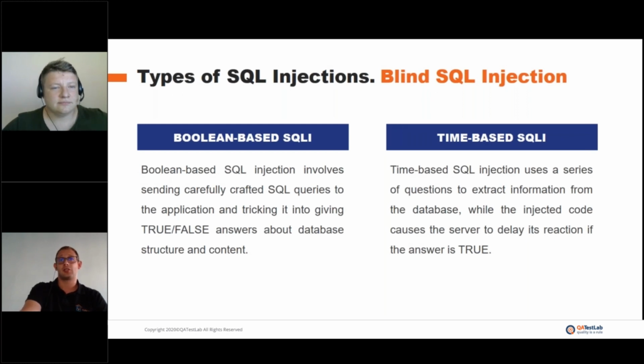In blind SQL injections, no data is transferred via the web application, and the attacker is not able to see the result of an attack. There are two common types of blind SQL injections: Boolean-based and time-based.